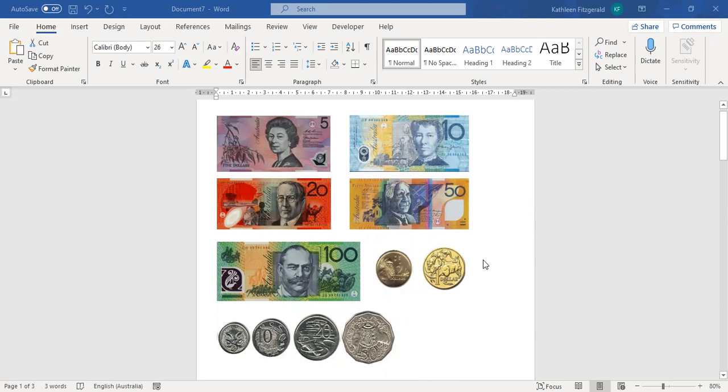If we needed to make 35 cents, we could get a 10 and a 20 and a 5, and that would be 35 cents. Or we could get 3 10s and a 5, or we could get 7 5 cents.